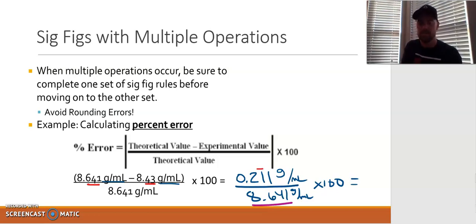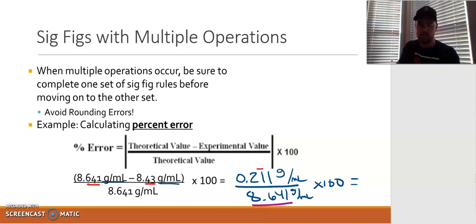So then this value would be dictated by the lowest sig figs, which is 2. The 100 does not need to be taken into consideration with significant figures. The purpose of multiplying by 100 is simply to take it from a fraction to a percentage. The 100 is not a measured value. It's an exact value. So that means 2 significant figures is what my answer should be with.